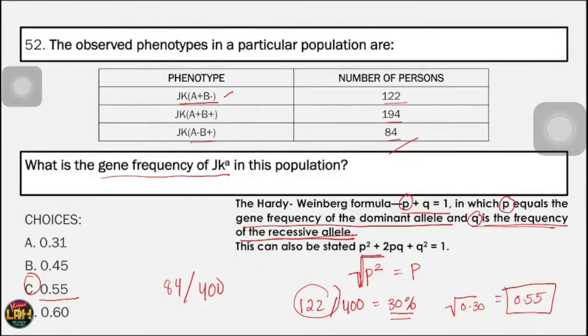We get the square root of 21%, which is equivalent to 0.46 frequency. So the frequency of the recessive allele would be 0.46, while this value 0.55 is the frequency of the dominant allele.